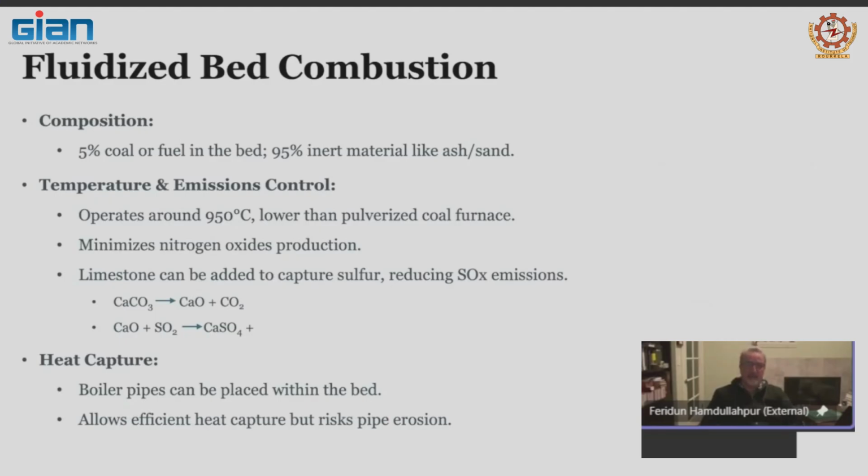Anyway, calcium oxide and sulfur dioxide react, giving calcium sulfate, which is a solid material now, which can be extracted from the bed. This is the beauty of being able to do this. You cannot use this in a pulverized system because of the very high temperature, because of the size, and because of the short residence times.